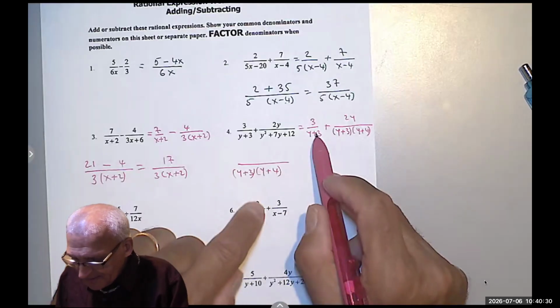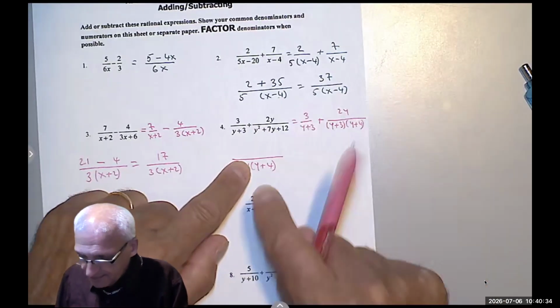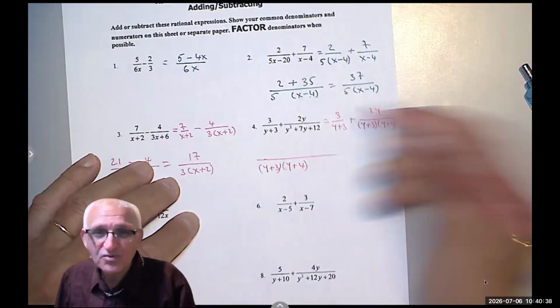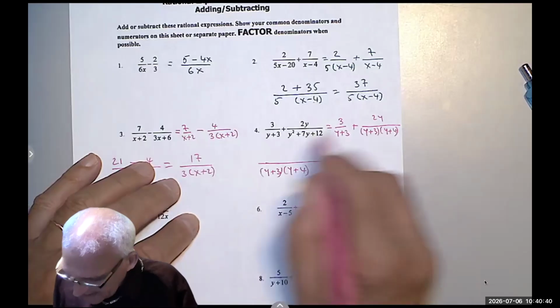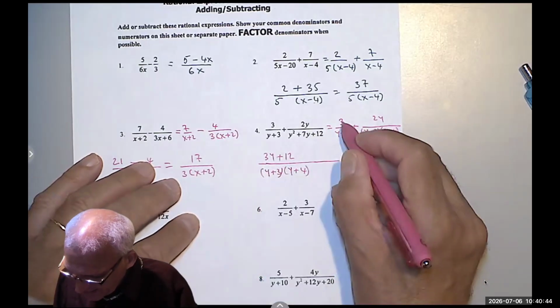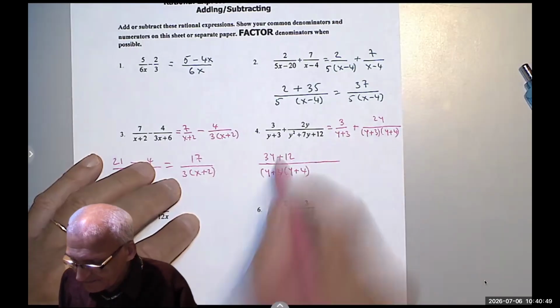When I divide it by y plus 3, I get y plus 4. Multiply it by 3, so I can just distribute the 3 right away. So I get 3y plus 12. 3 times y plus 4 is 3y plus 12.